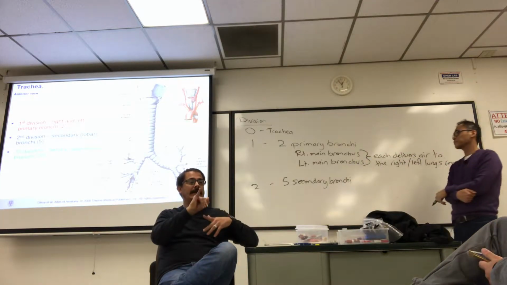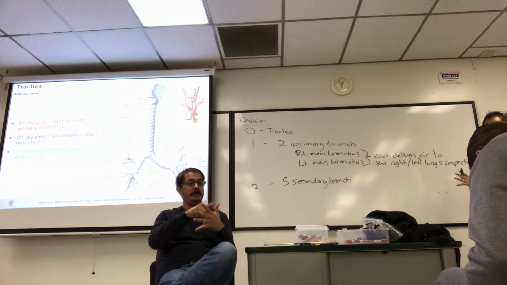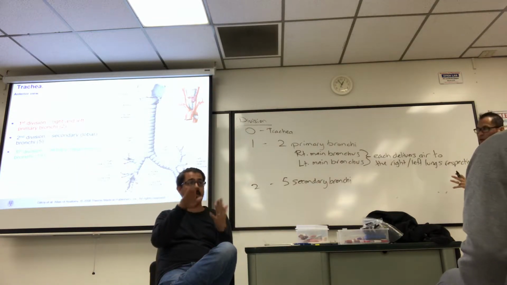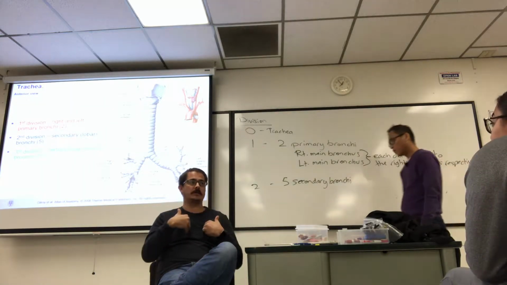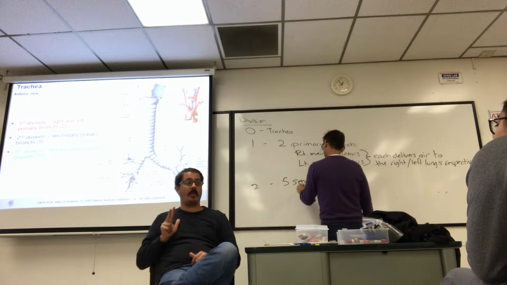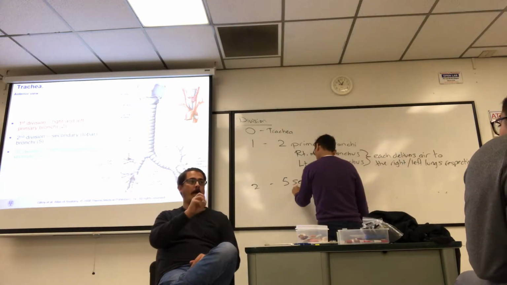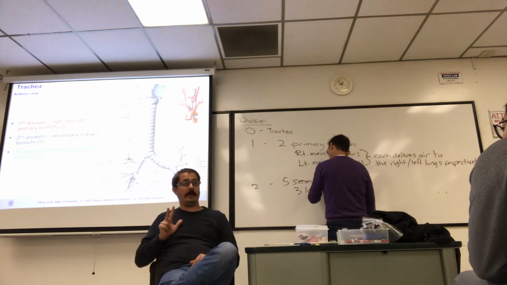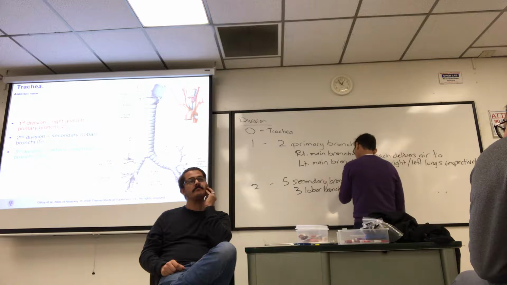Each of these 5 airways is delivering fresh air to a lobe of a lung. You got 3 on the right, 2 on the left. So you can call them lobar bronchi for that reason. So 3 lobar bronchi go to the right lung.